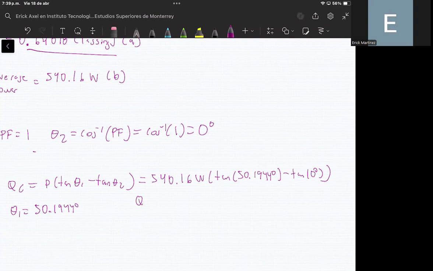So we can say that the reactive power of the capacitor should be equal to 780.19 volt ampere reactive.